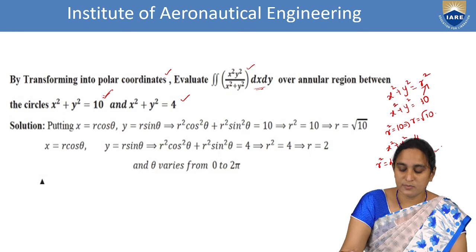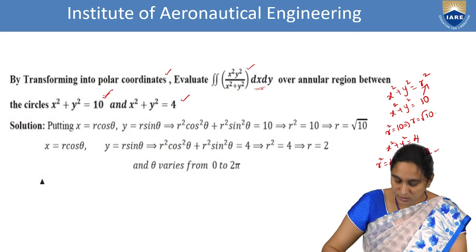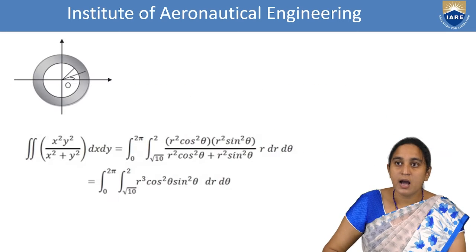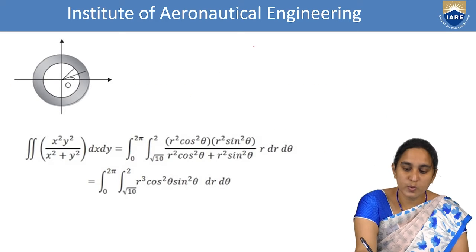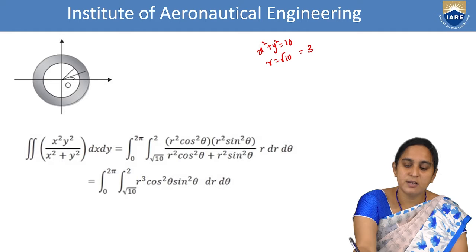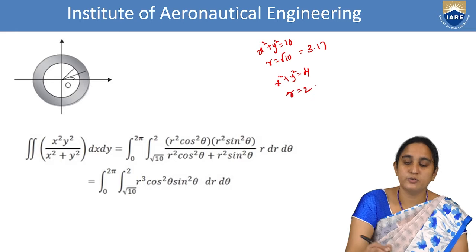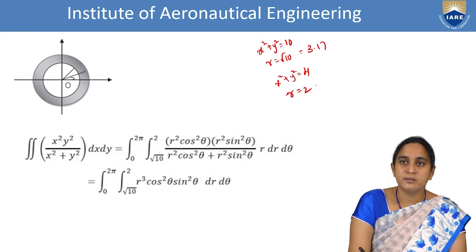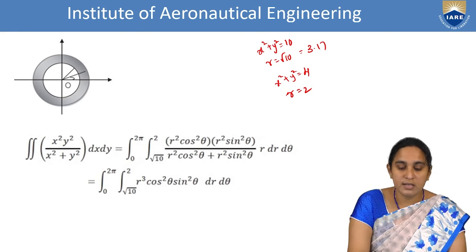Now let us start with the diagram. What is the diagram here? X square plus y square is equal to 10, so r is equal to root 10, that is 3.17 something. And next, x square plus y square is equal to 4, so r is equal to 2. First, I'll draw the diagram for both circle equations.